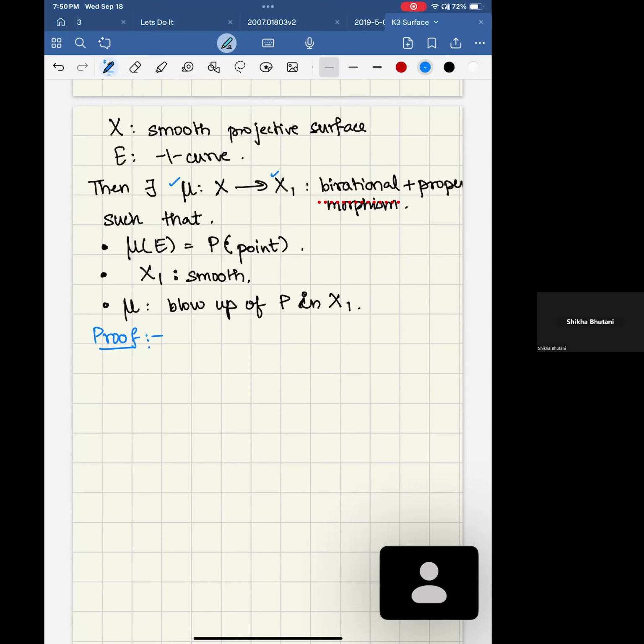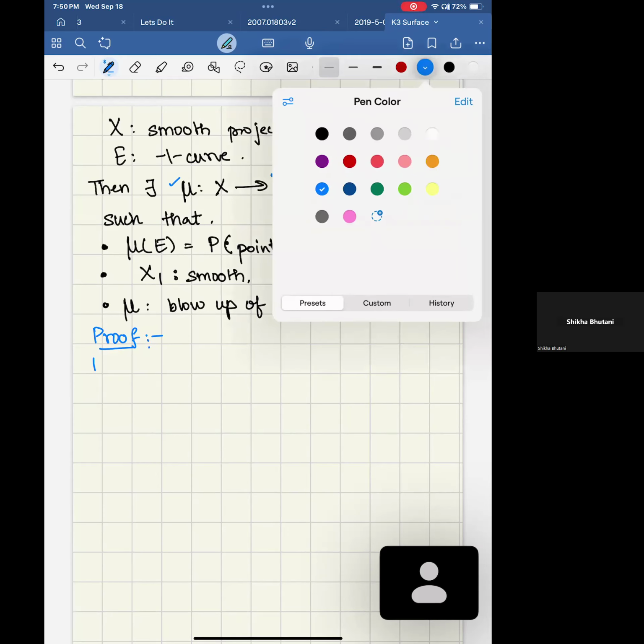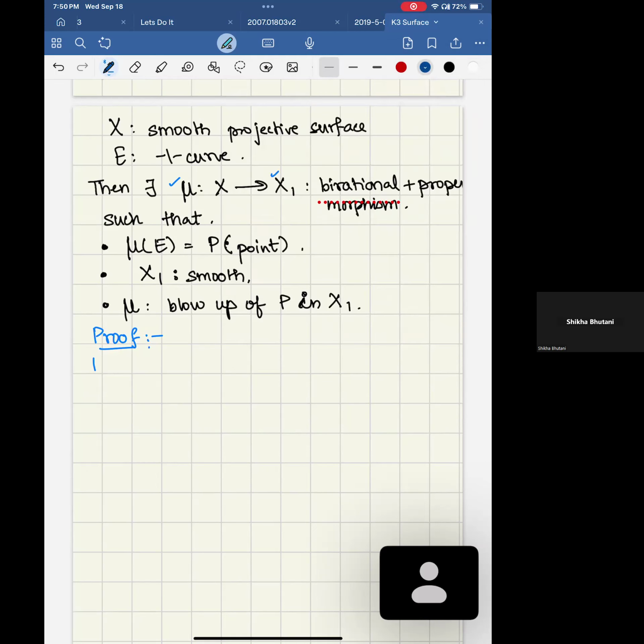Recall what a linear series was. Let's say you're given, so this is a little bit of a digression, sorry. So maybe I'll write it with some other pen. Purple.